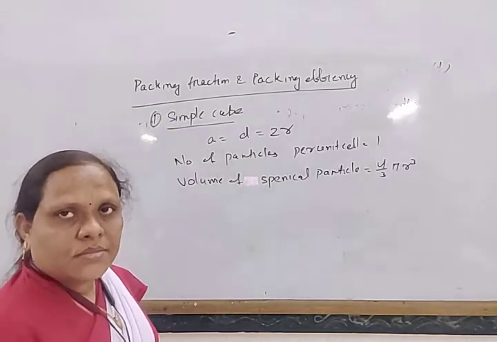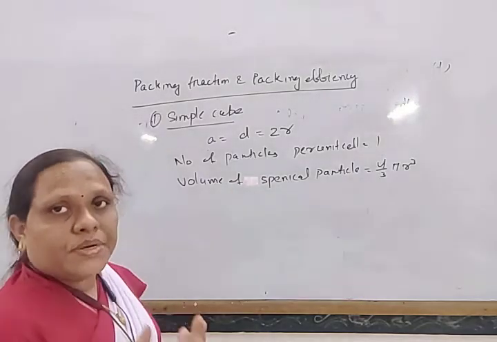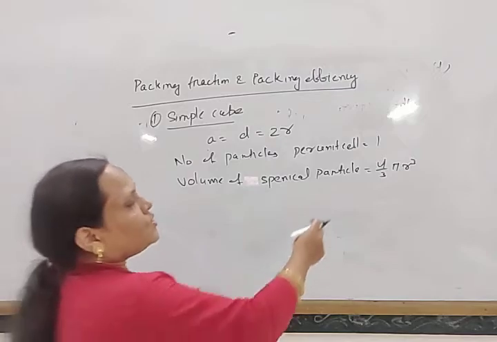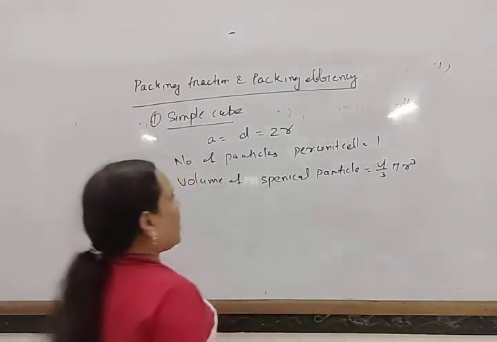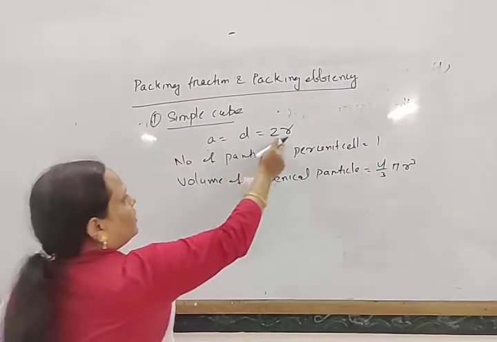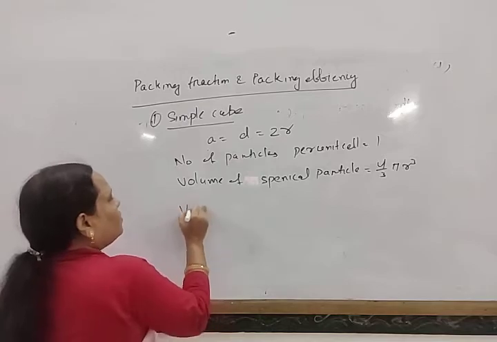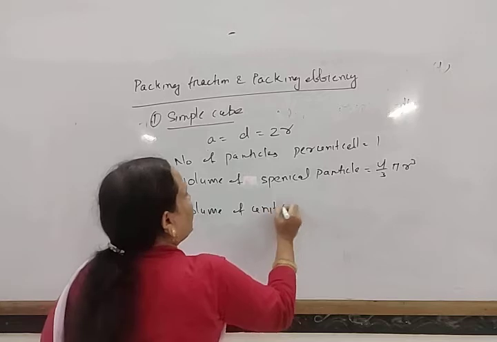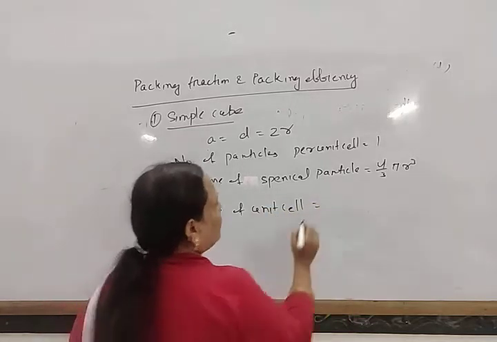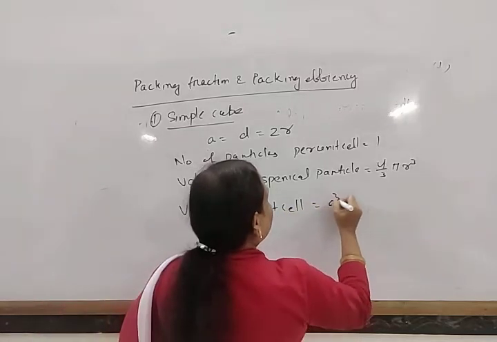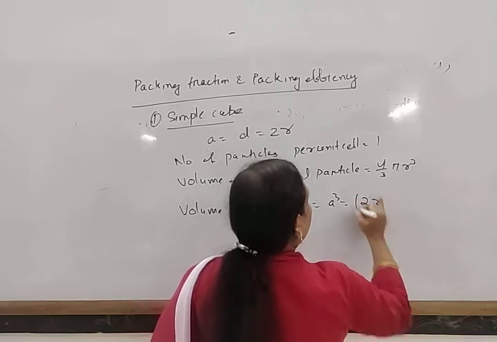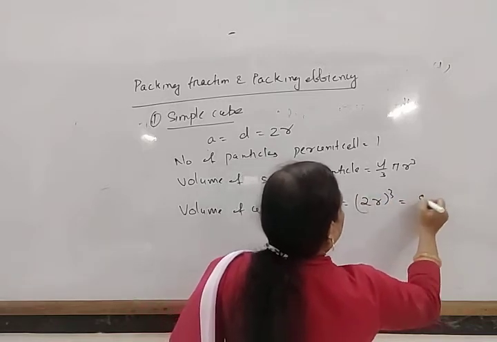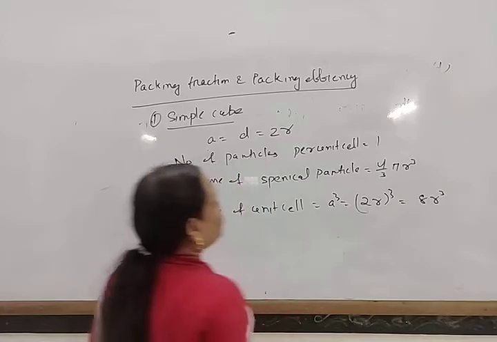That may be an atom. Generally for pure element we are considering atoms. Next, A equals 2r, so volume of unit cell is A cube, that is 2r cube, that is 8r cube.